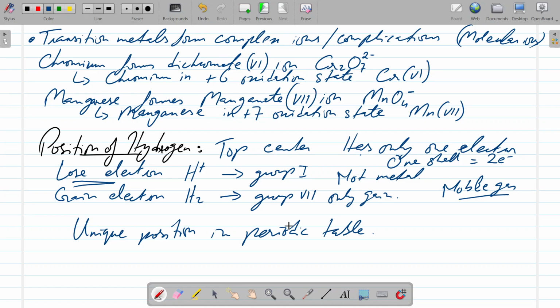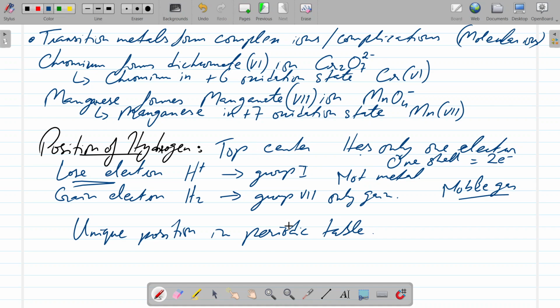They've also given a table comparing lithium, hydrogen, and fluorine. Those are all from period 1, with one outermost electron shell. They compared the fact that lithium is a solid, hydrogen is a gas, fluorine is a gas.